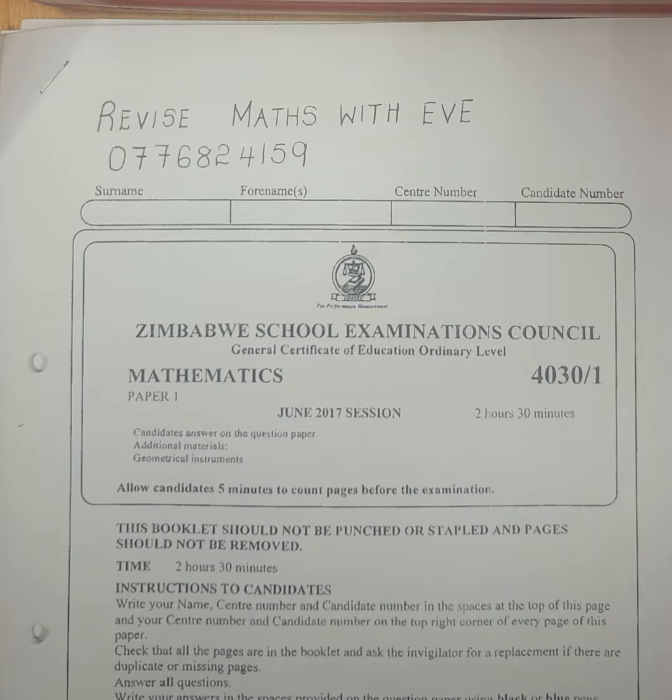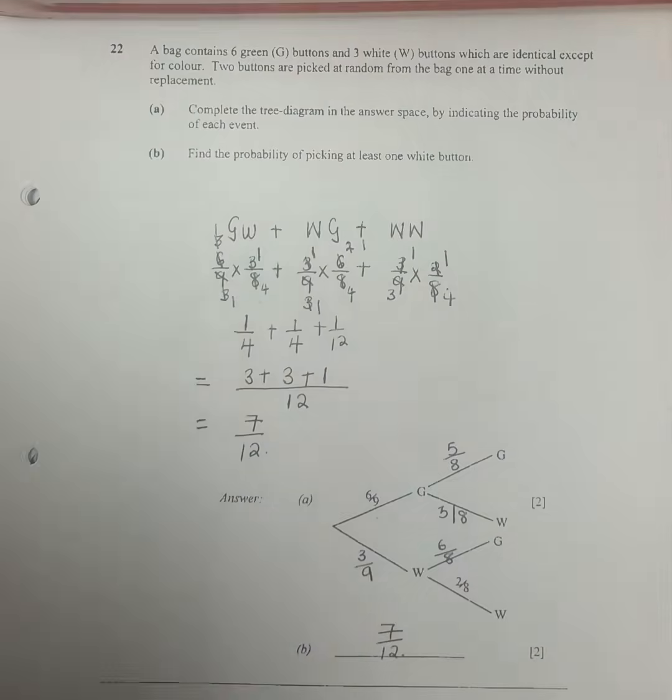So let us dive into June 2017, number 22A, and see how the question on completing the tree diagram was examined. The question reads, a bag contains 6 green buttons and 3 white buttons, which are identical except for color.